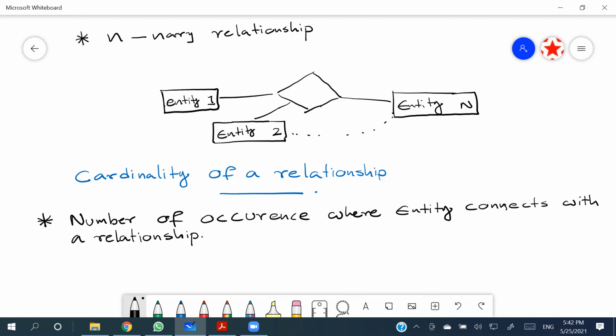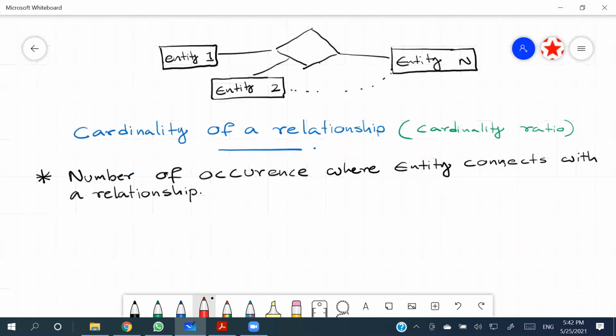So we call this the cardinality of a relationship, or the cardinality ratio as well. There are three types. The first type is the one-to-one relationship. We indicate it like this.